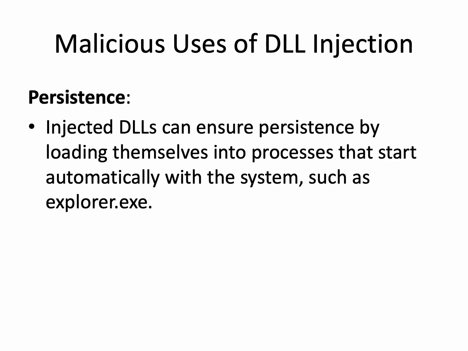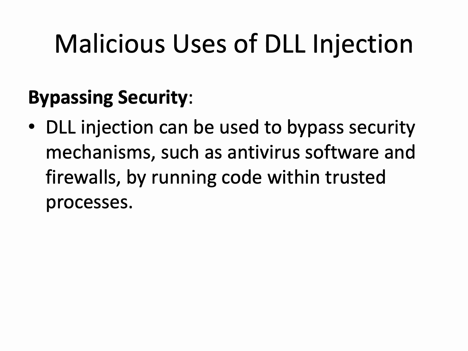Also, DLLs can ensure persistence by loading themselves into processes which start automatically with the system, like explorer.exe, and then every time you start your system, this piece of code will always be executed. Another use case for the adversary using DLL injection is to bypass security.